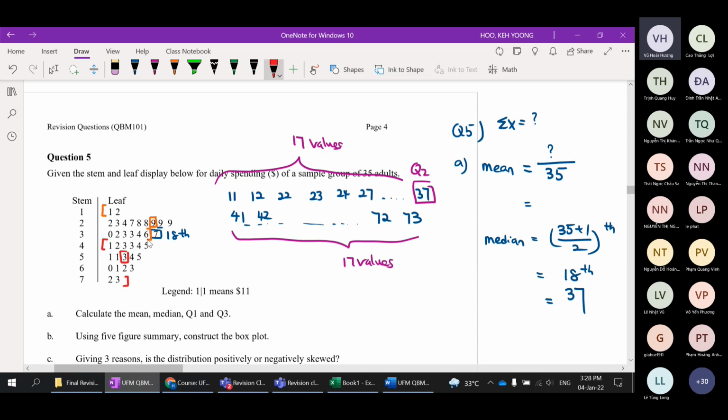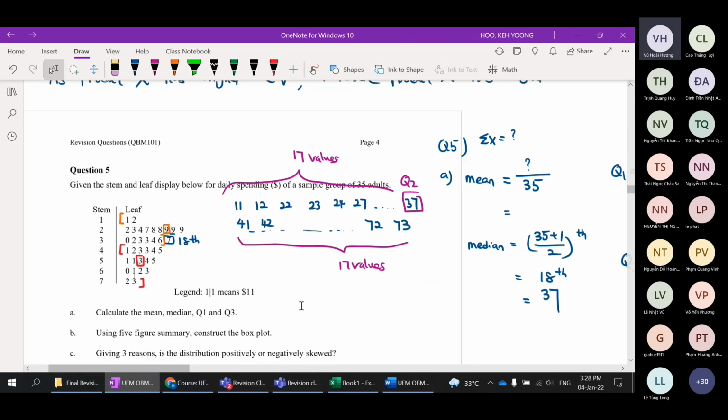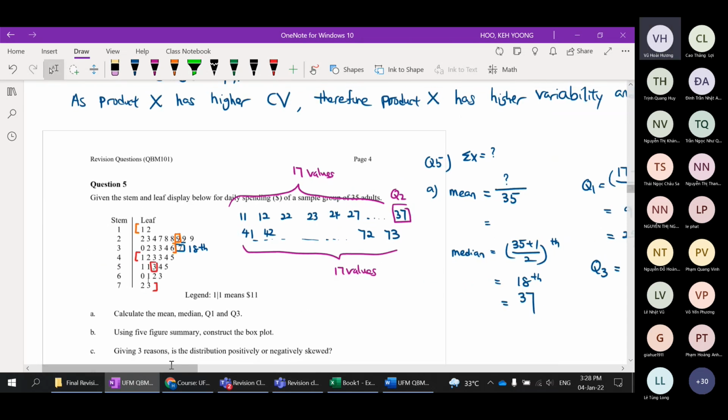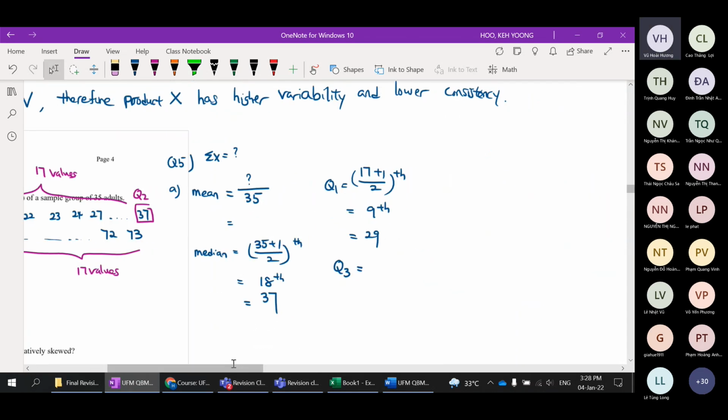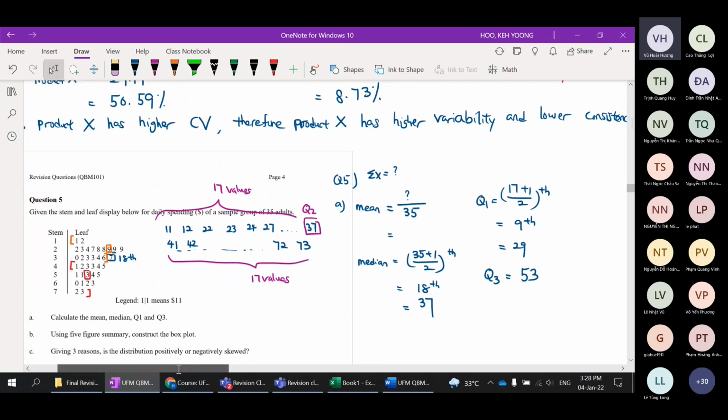This is the 9th value of the last 17 values, which is equal to 53. Can you follow this one?